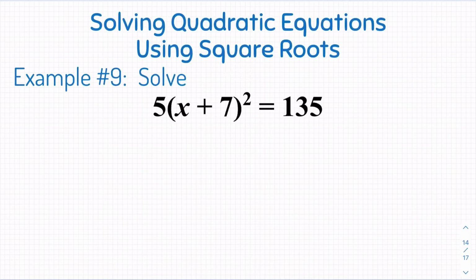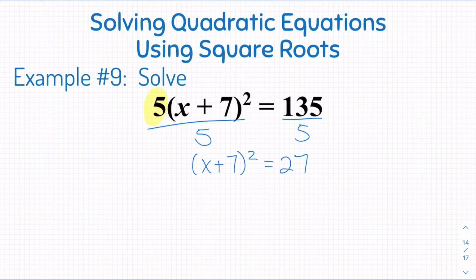Okay, so let's do the same type of thing here. So I have no constant, but I have a coefficient of 5. So I'm going to divide both sides by 5. So 135 divided by 5 is 27. So I get x plus 7 squared equals 27.